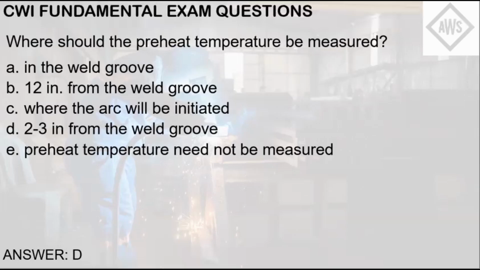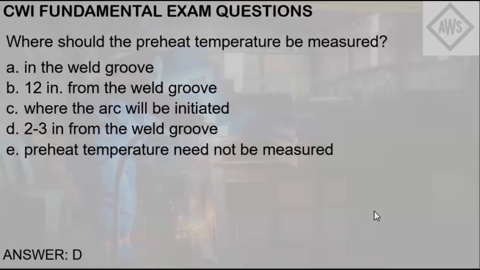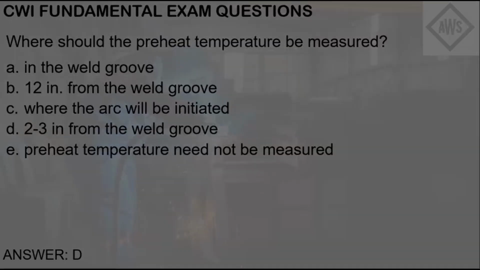This is the location where the preheat temperature must be measured, to ensure that effective slowing down of the cooling rate happens in the heat affected zone, because essentially that is what preheat does to the base metal. It slows down the cooling rate of the base metal, hence preventing the formation of martensite, hence preventing brittleness of the base metal.